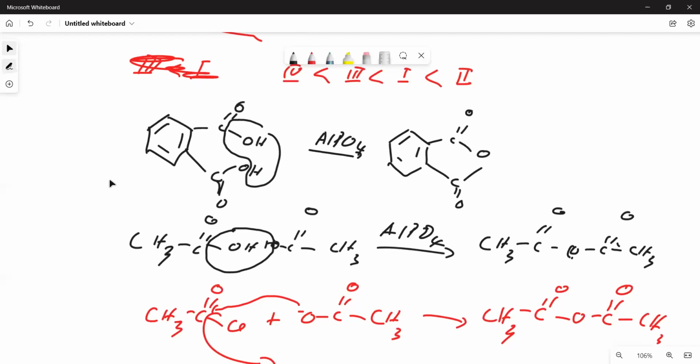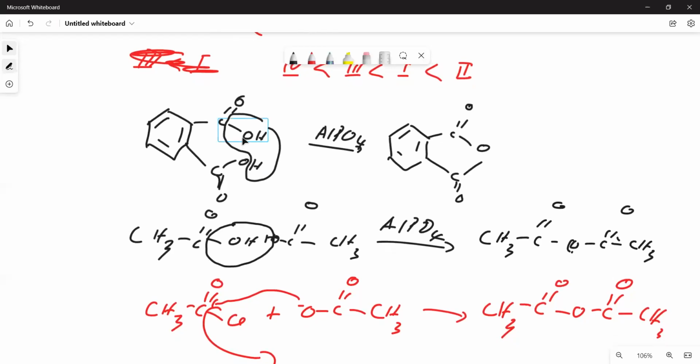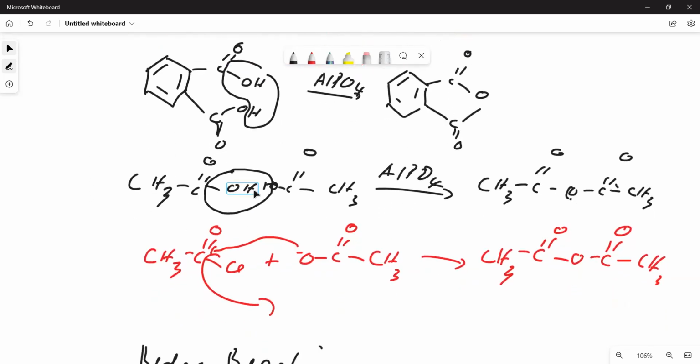Now, this is intramolecular dehydration. Well, this one here is what you call intermolecular dehydration. You have acetic acid here. If you add aluminum phosphate, water will be removed, producing what you call acetic anhydride.